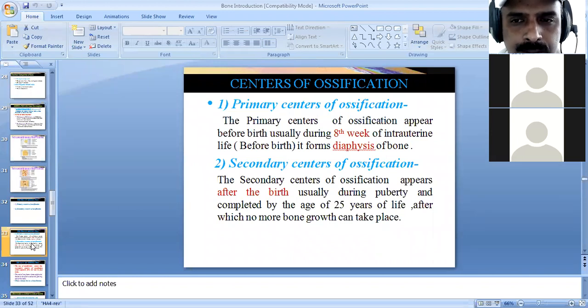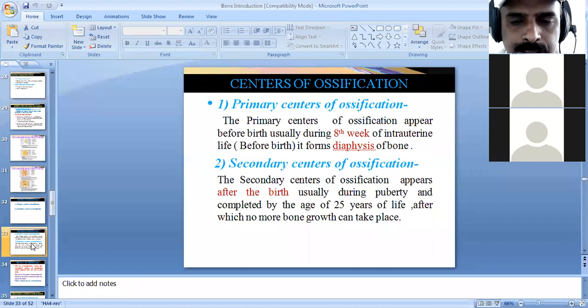The primary centers of ossification, as I just told, relate to the diaphysis, while the epiphysis is ossified by the secondary centers. The primary centers of ossification appear before birth, as I told, prenatal. They usually occur in bone development at the 8th week of intrauterine life.